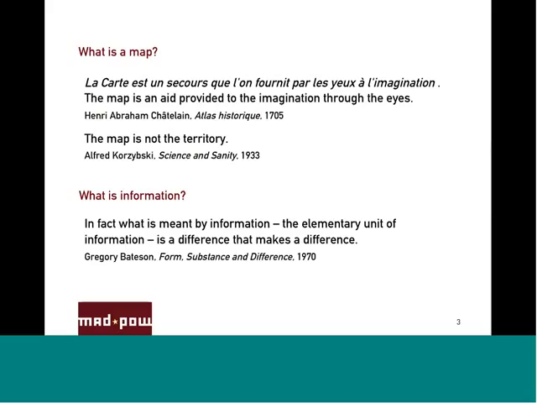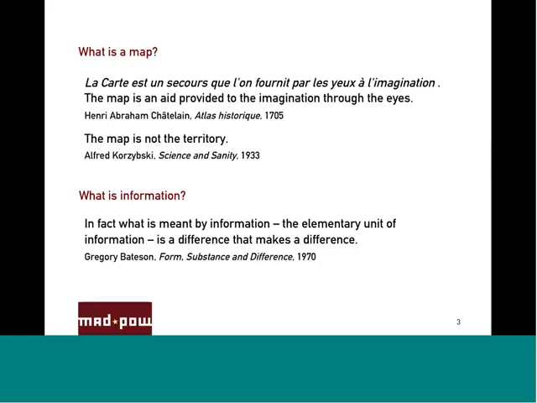Alfred Korzybski's famous quote, "The map is not the territory," is often used in contemporary philosophy, and it's had a lot of impact in a number of fields. But in the terms we're talking about today, you can think about it in its most literal sense that when you create a map, you're not reproducing the territory.